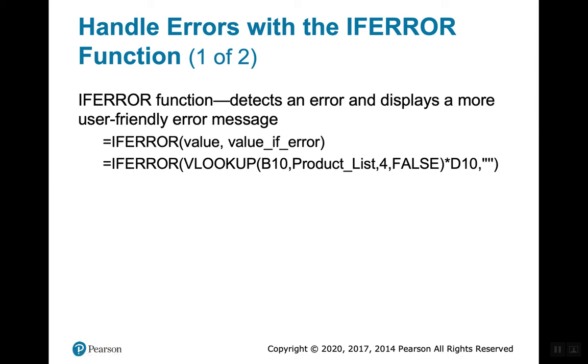All right, if I got a value back, if I got a true, take that result and multiply it times a number in a cell. Otherwise, if I got an error, this is the error condition. So this is the true, this is the false. So if this is the error, we will put a blank into that field.